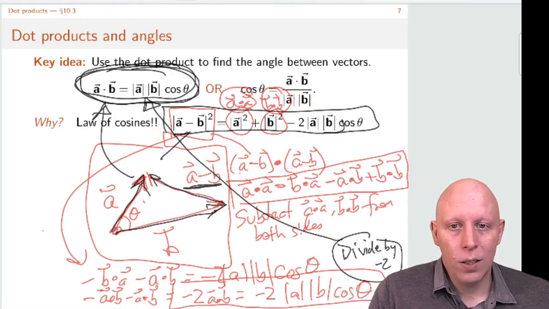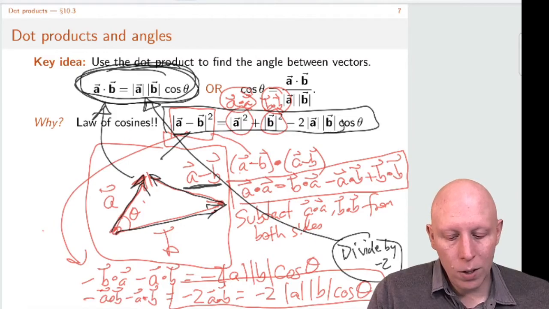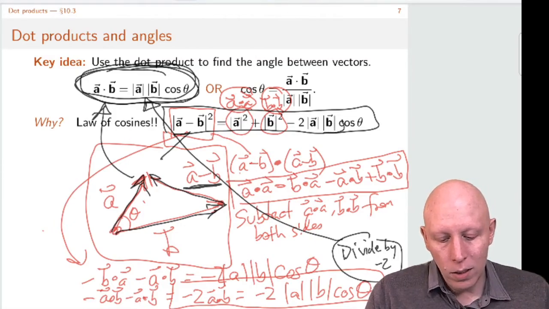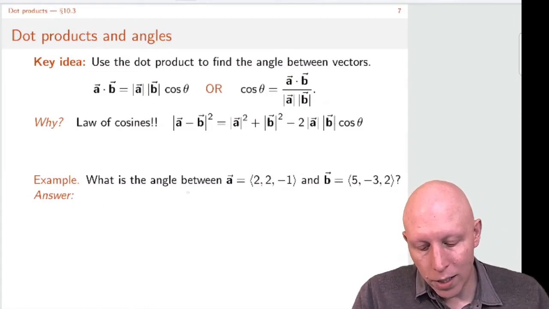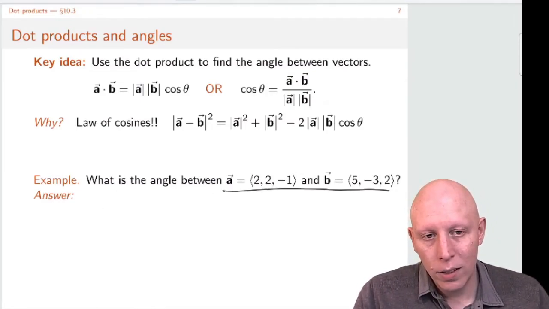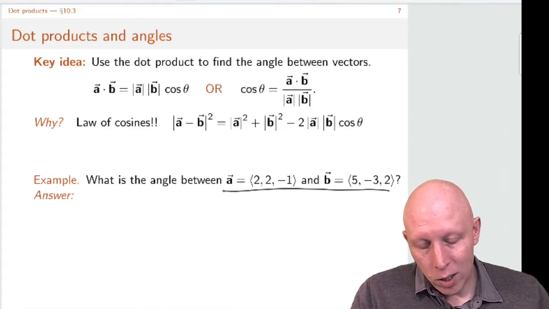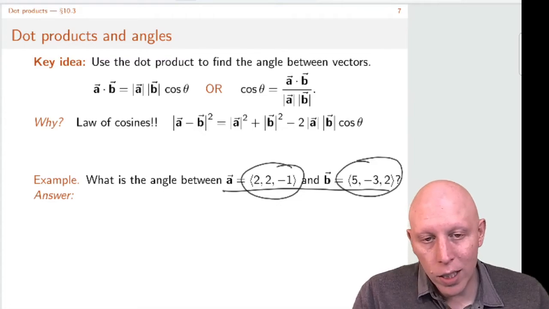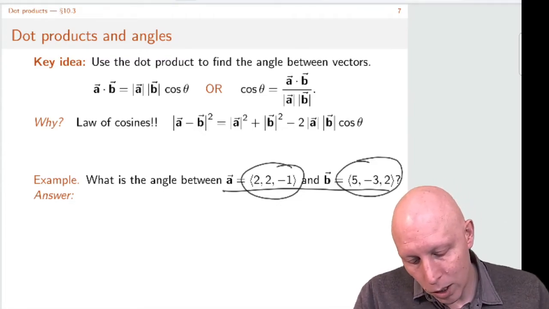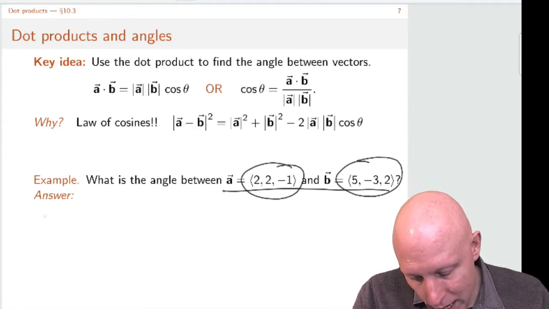All right. So once we have this equation, we can use it to find the angle between two vectors. To find the angle between the vector 2, 2, -1 and 5, 3, -2, we're going to calculate a dot b.